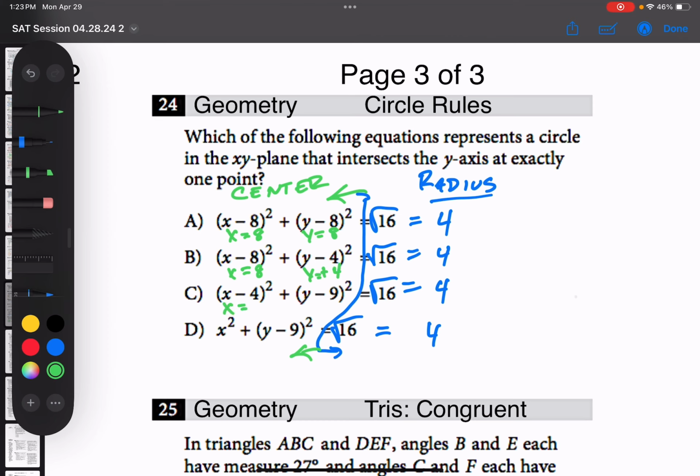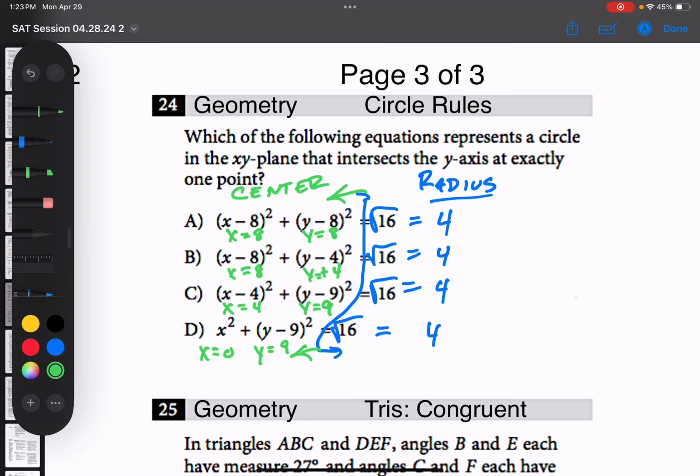This guy is going to be x equals 4, and this one's going to be y equals 9. And this one is just x squared, so that means x equals 0, and y equals 9. So I'm just interpreting what the answer choices are. They are circles. Each one, they're giving you the center coordinates, and they're also giving you the radius.